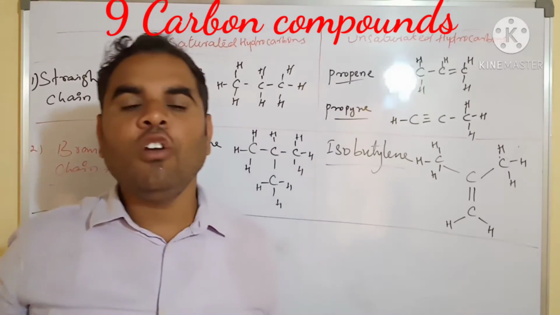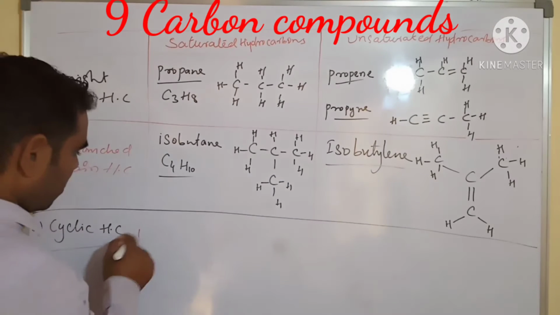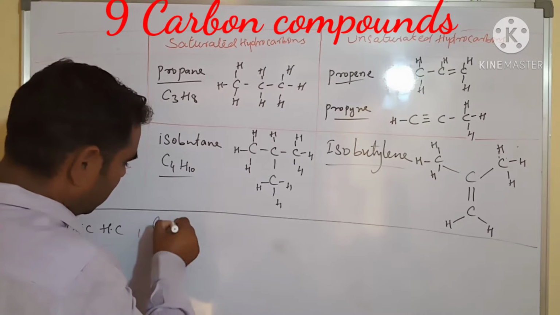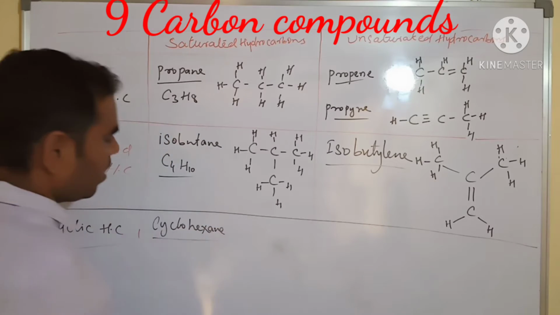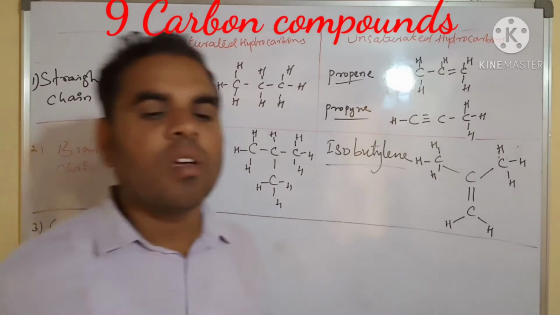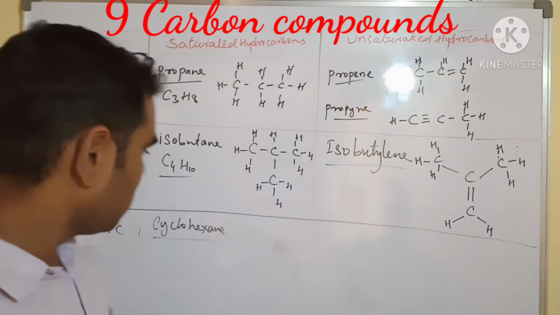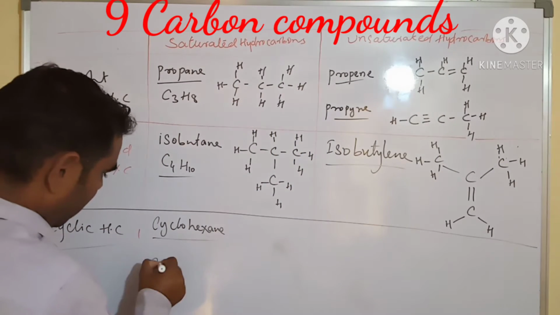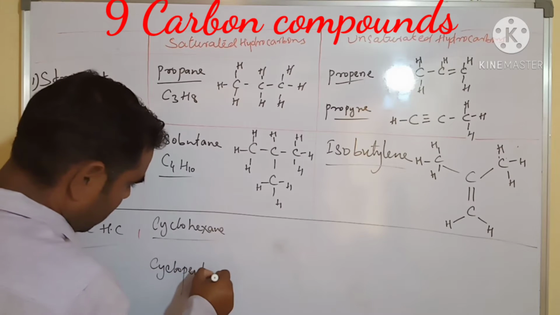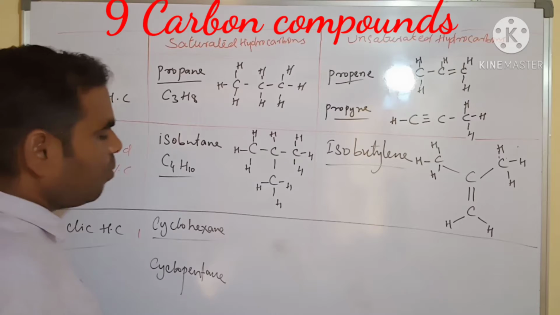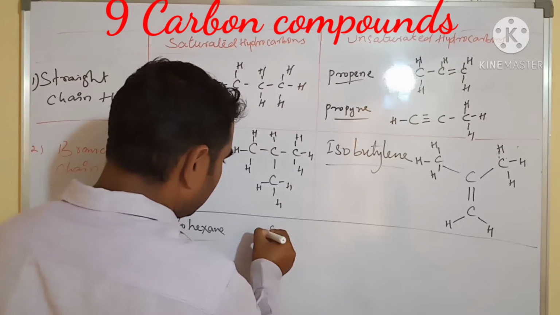Say cyclohexane, C6H12, and also cyclopentane. Cyclohexane means there are 6 carbons.